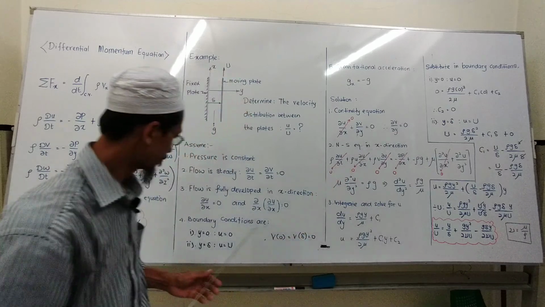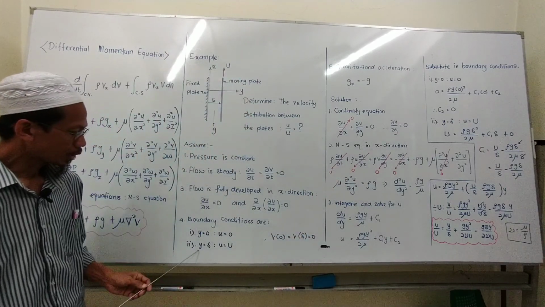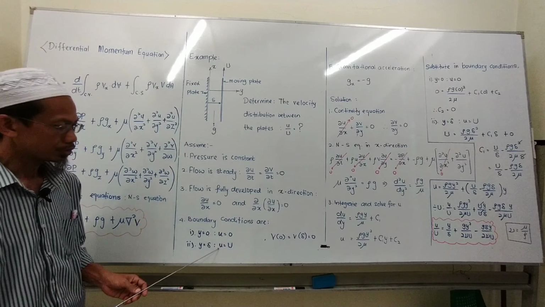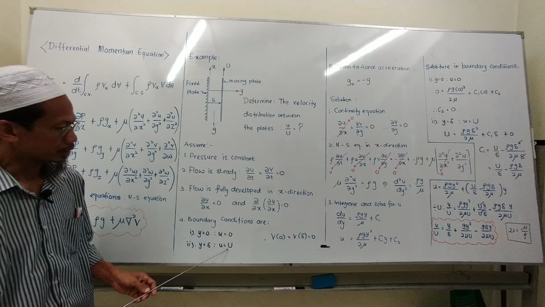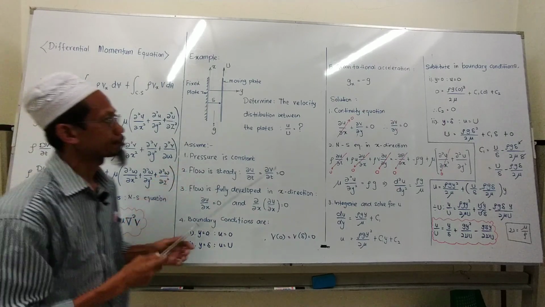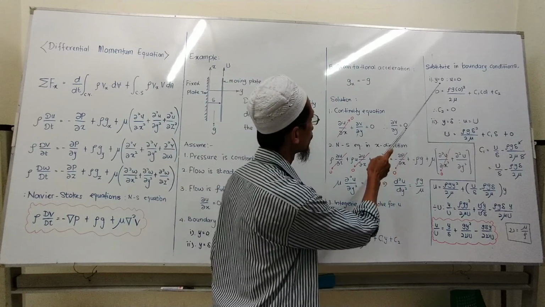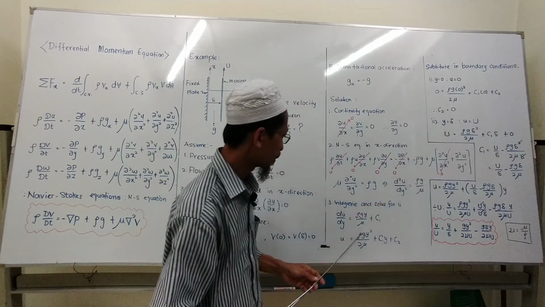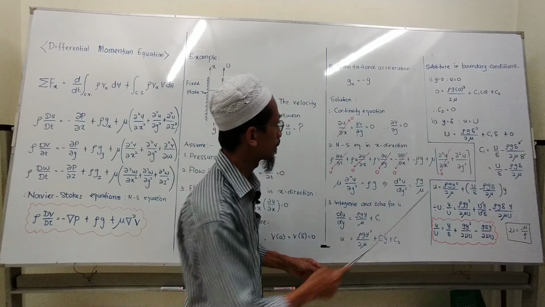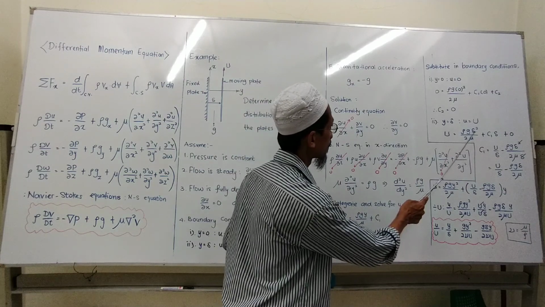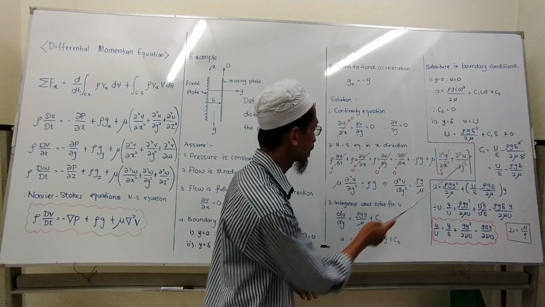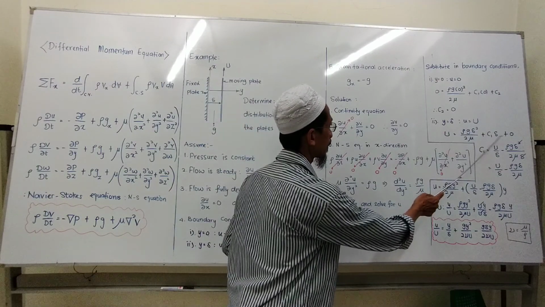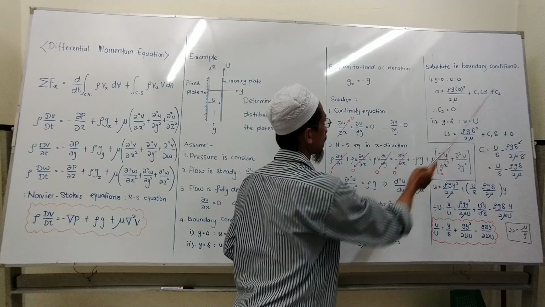The second boundary condition: y equals delta, at the moving plate, so small u, the local velocity, equals capital U. Substitute u here, small u, with U. Then ρg y² over 2μ, where y is substituted with delta, plus c1 delta, and c2 equals 0.